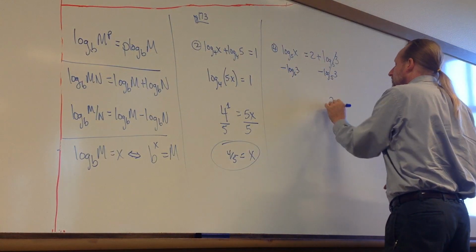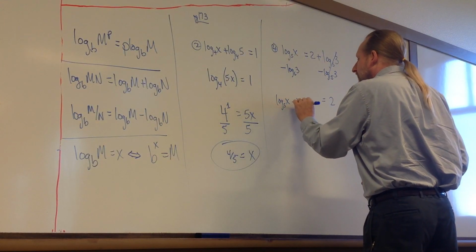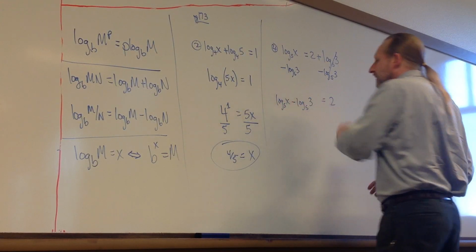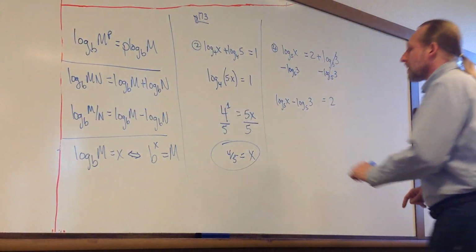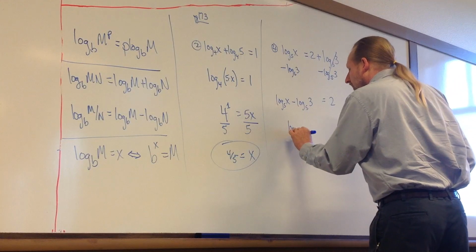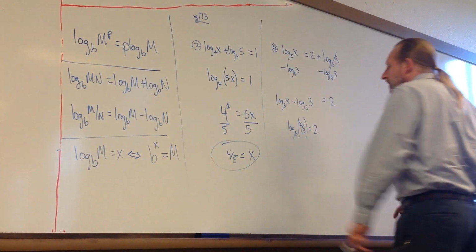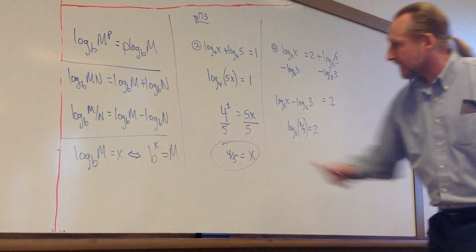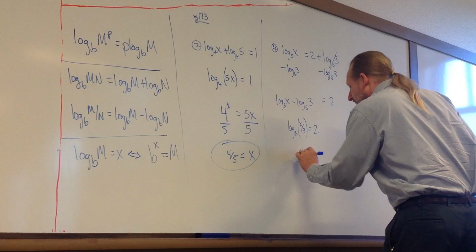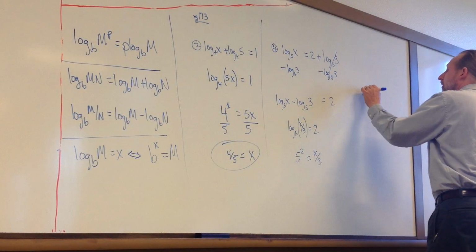These cancel out. Over here, we get log to the base 5 of x minus log to the base 5 of 3. So now we're going to use this property right here and rewrite this as log to the base 5 of x divided by 3 equals 2. Then I'm going to use this process right here and say 5 squared equals x over 3.